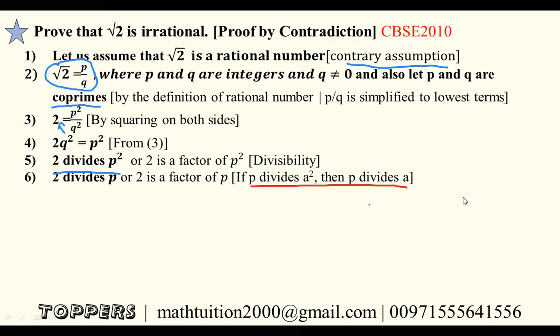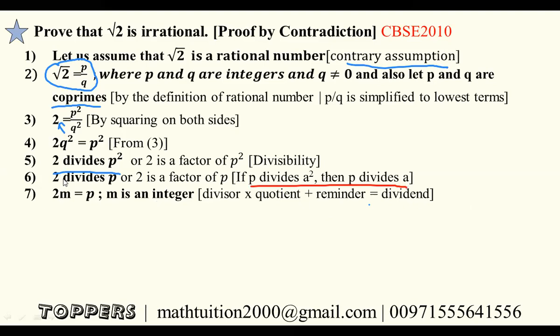What is the next step? Now, if 2 divides P, 2 multiplied by some integer has to give you P. It means 2 times M, 2M equal to P, where M is an integer. We know a dividend equals divisor into quotient plus remainder.